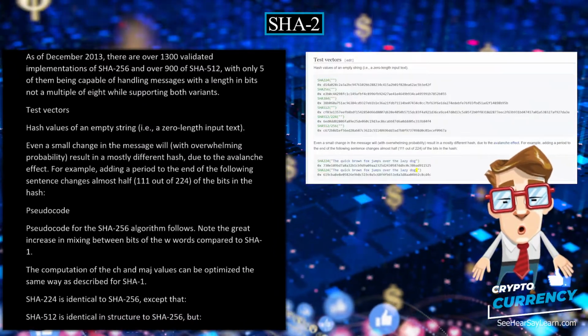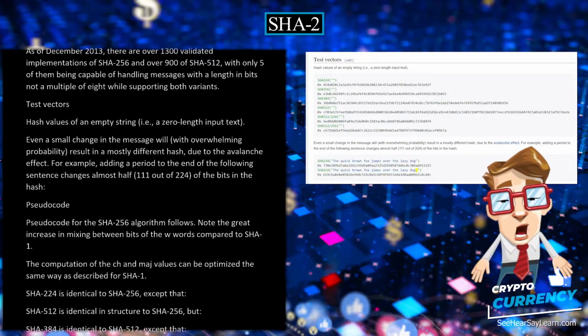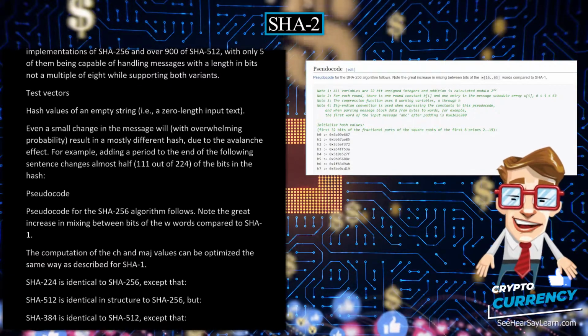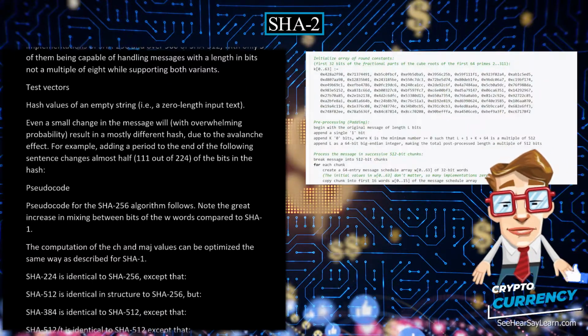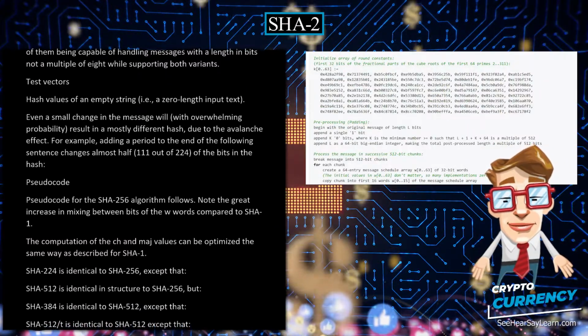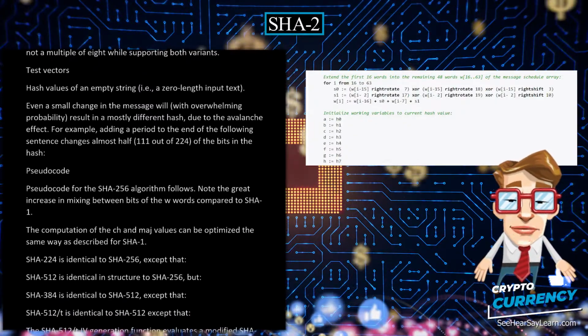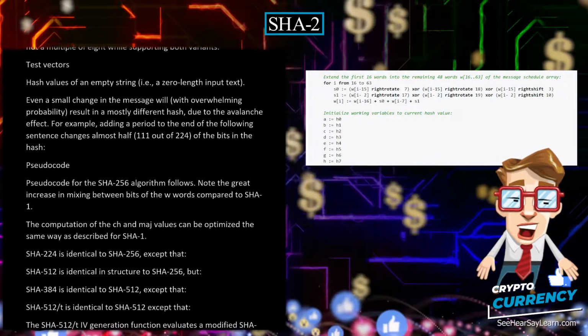Pseudocode. Pseudocode for the SHA-256 algorithm follows. Note the great increase in mixing between bits of the W words compared to SHA-1. The computation of the ch and maj values can be optimized the same way as described for SHA-1.